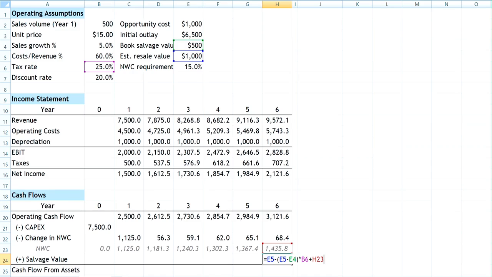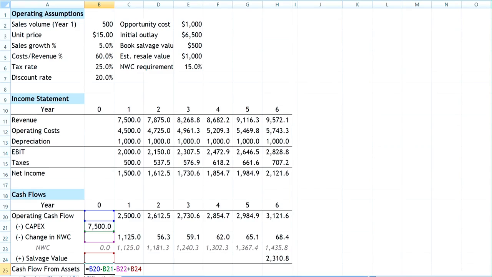The difference is multiplied by the tax rate B6. Finally, we add cell H23 in the formula, which is the size of net working capital at the end of the project. The total salvage value at the end of year 6 is about $2,300.